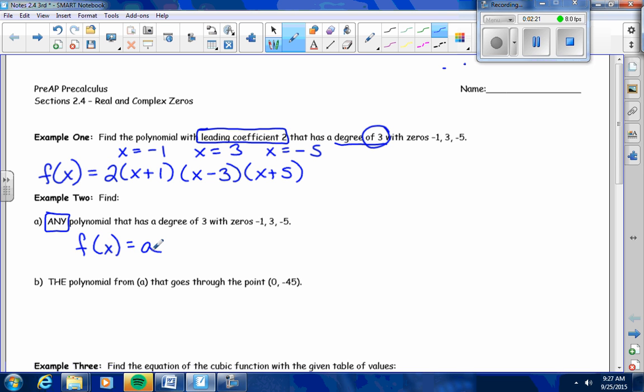A is going to be the placeholder of the leading coefficient. And then I have my factors, x plus 1 times x minus 3 times x plus 5. So that's how we need to write it for any polynomial that has that degree with those zeros.